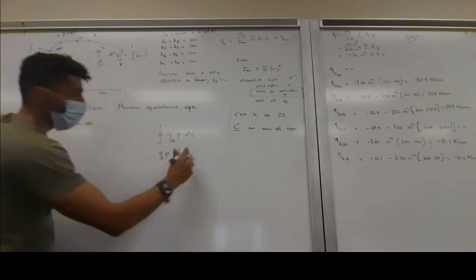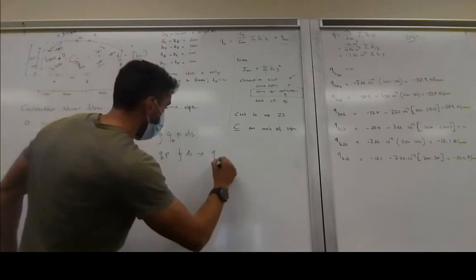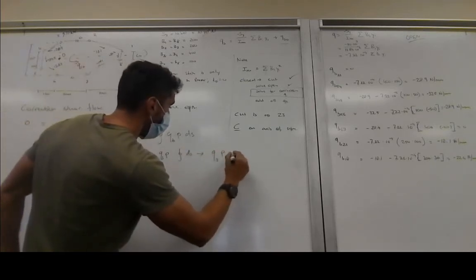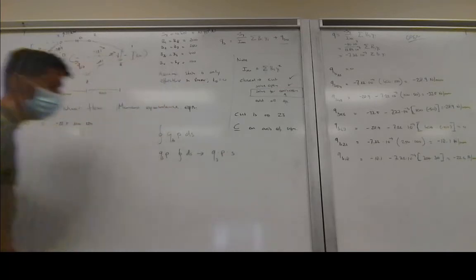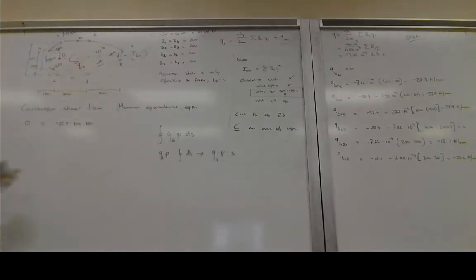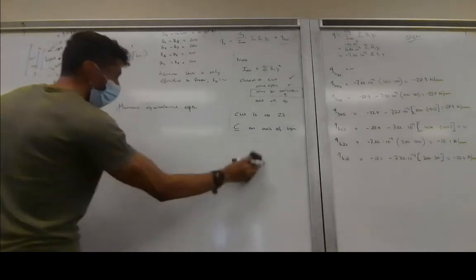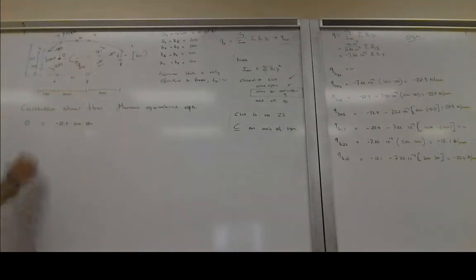And if you evaluate this integral, it becomes QS times the moment arm p times s. That's the reason we just multiply it by the length of the segment. So that's a side note. Where does the 120 come from again? That's this arm. So that's the moment arm.